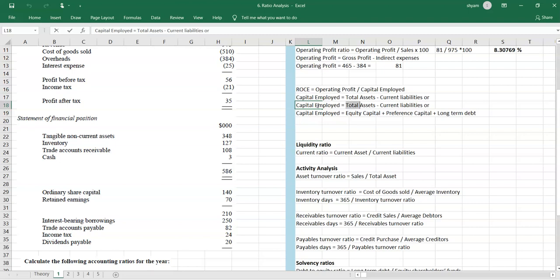So we'll find out in this manner. Total assets is 586 minus current liabilities is, we have a list itself, 82 plus 24 plus 20. All these things are current liabilities.